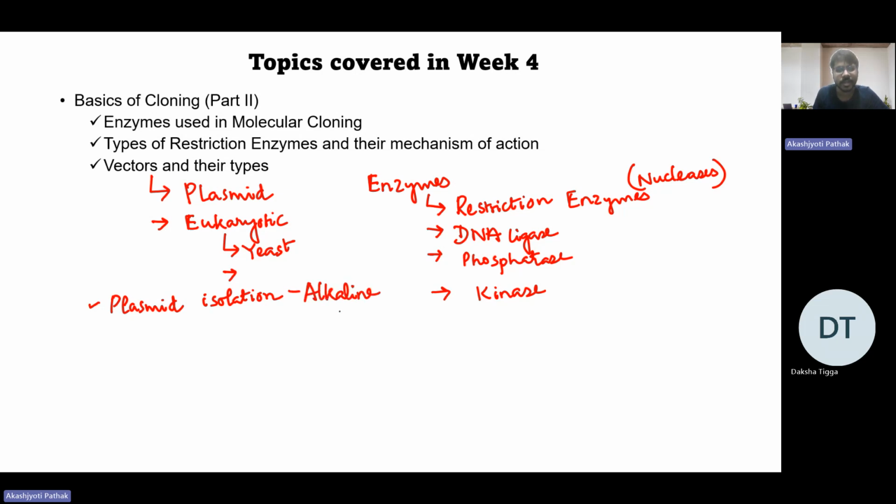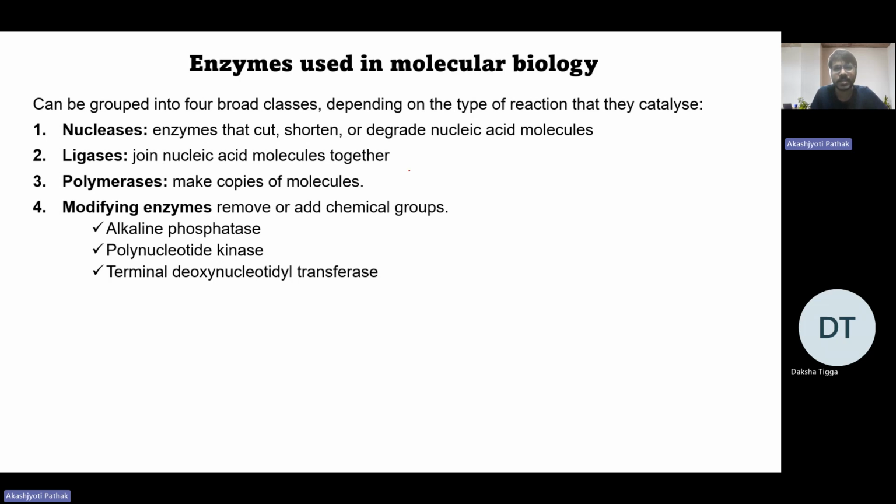The alkaline lysis method is used for isolation of bacterial plasmid, right? We will learn about this also today. We will quickly cover these concepts so that you can have a quick recap and understand the concepts and solve your assignment. So let's first start with the different enzymes used in molecular biology.